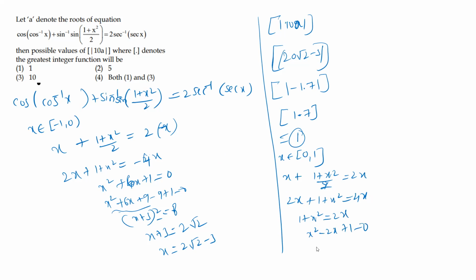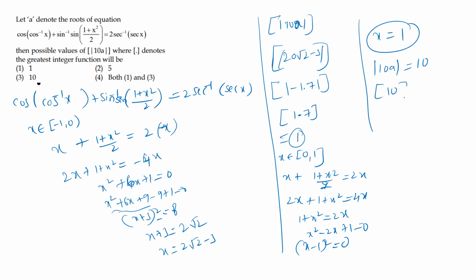From this, x minus 1 whole square equals 0. From here x is equal to 1. When x value is 1, mod of 10a is equal to 10. So box of 10 is nothing but 10 only. Here, in the two ways when they're breaking, negative side or positive side, we can't take other values. Okay, so first and third are both correct. That's why option 4 is the correct one.